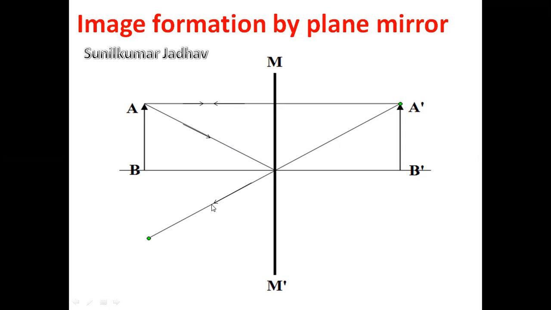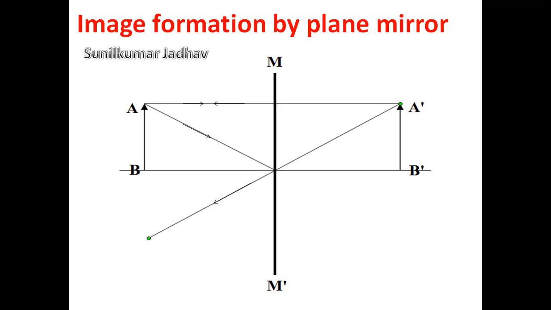Both are never going to meet each other. In that case, we have extended them back to meet each other. Here it is going this path, so we have extended back. In the similar way, this ray is going on this path, so we have extended back on this path, and both of them are meeting each other at point A dash. So image of this point A is forming at point A dash.